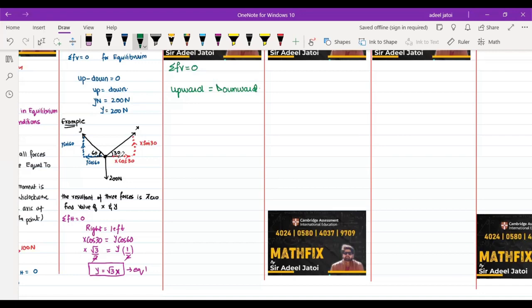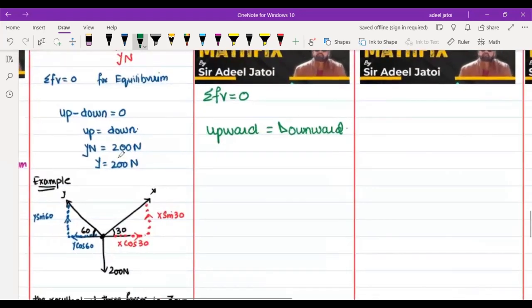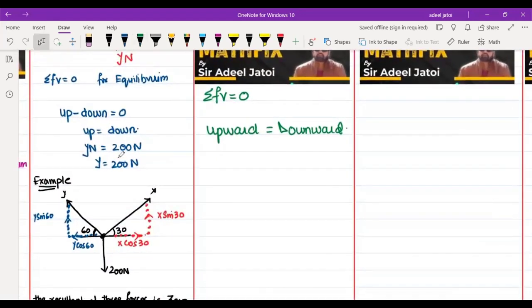So upward force is equal to downward force. Now, the upward force that we have here is x sine 30 plus x sine 60, which is equal to 200 Newton.